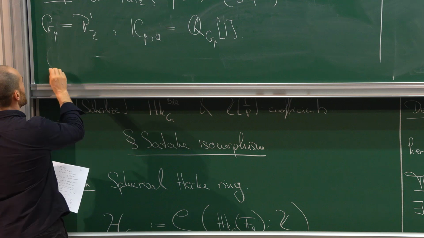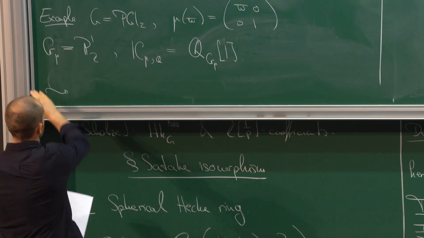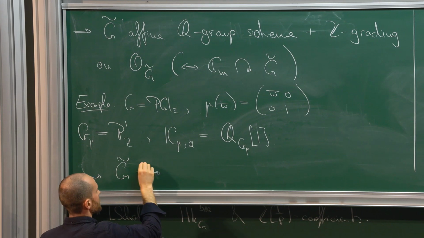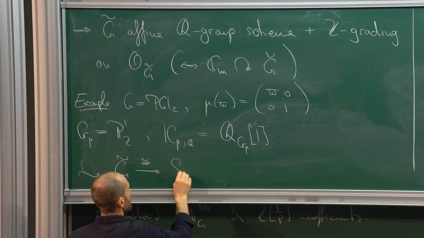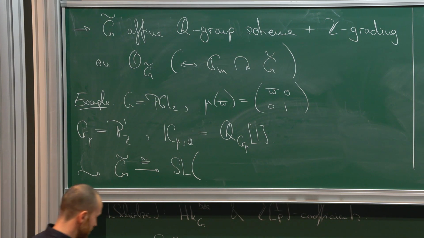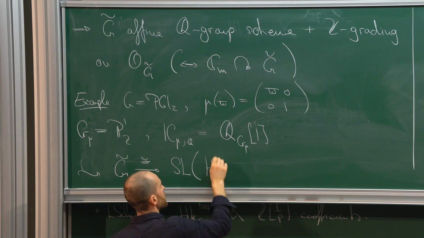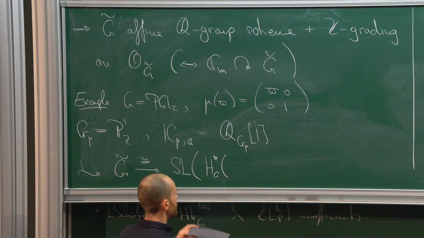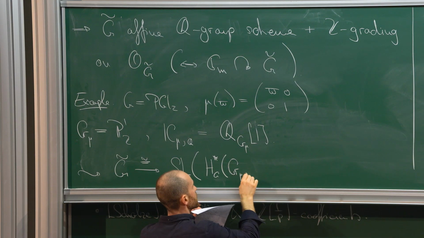In this case, what geometric Satake is claiming is that this here is isomorphic to the special linear automorphisms of the cohomology of that object.